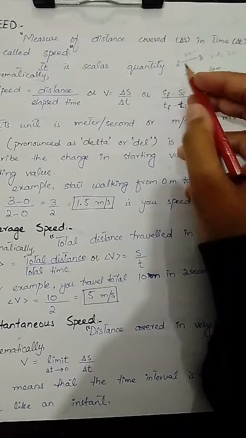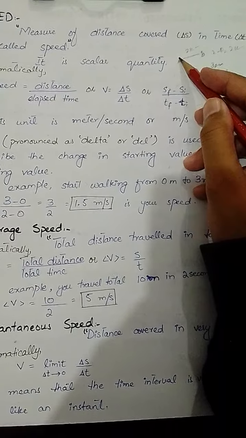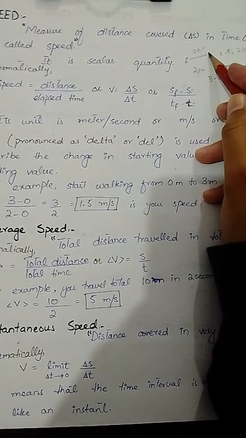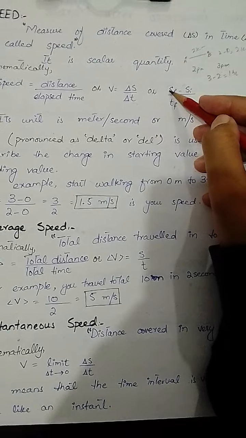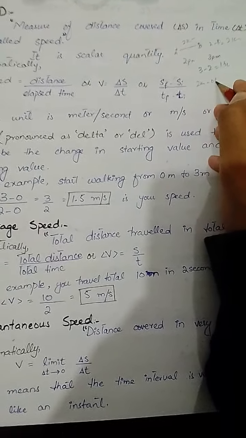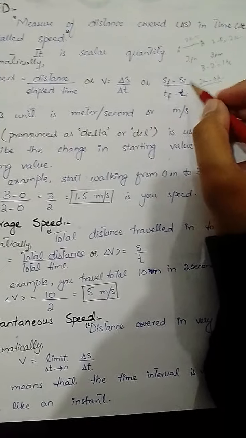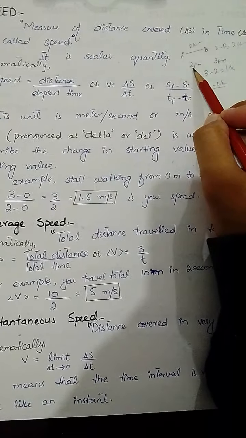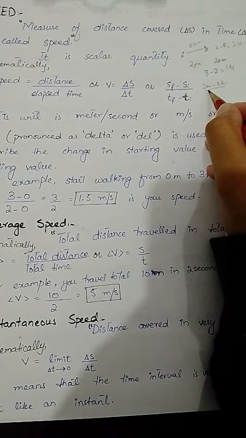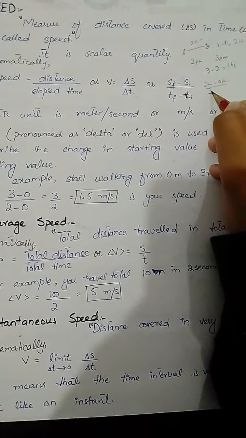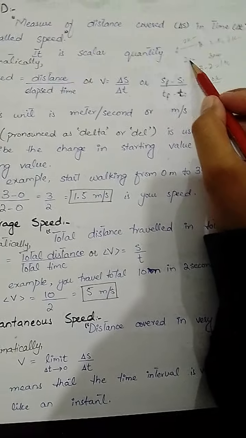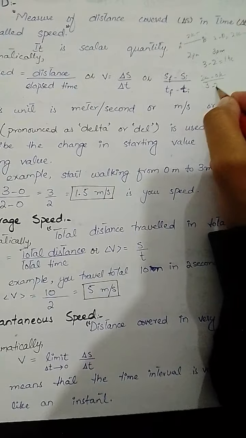So starting value in this case यहाँ पर क्या थी, 0 kilometers. एंडिंग वैल्यू क्या थी हमारे पास, 2 किलोमीटर. हमने 2 किलोमीटर पर जाकर स्टॉप किया. सो 2 किलोमीटर माइनस 0 किलोमीटर डिवाइडेड बाय, हमने टाइम कहाँ से स्टार्ट किया 2 p.m. से, और 2 किलोमीटर पर पहुँचने तक टाइम हो चुका था 3 p.m. So 3 was the final value, TF, minus 2 p.m. for TI, 3 minus 2.